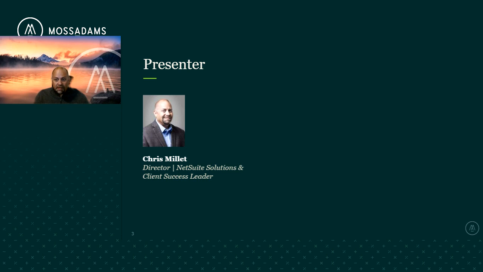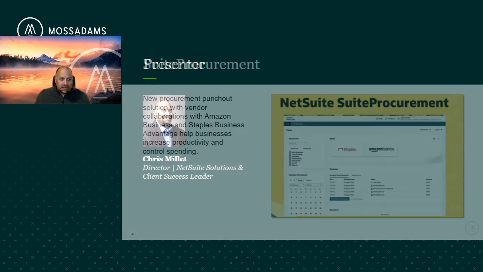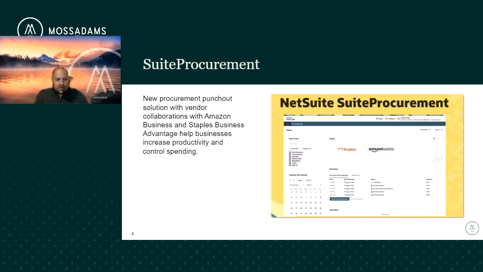Okay. So with that said, we'll go ahead and get started with our topics today. The first one we're going to take a look at is Suite Procurement. Suite Procurement is the new procurement punch-out solution that NetSuite is incorporating into its core products, in collaboration with Amazon Business and Staples Business.